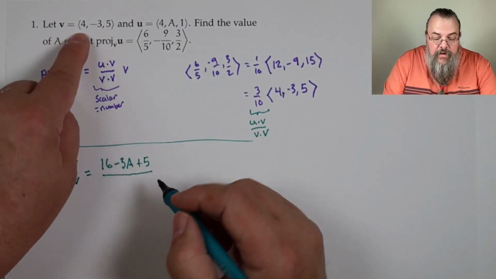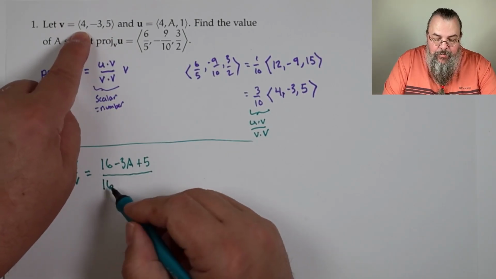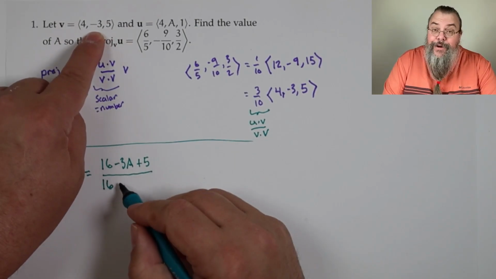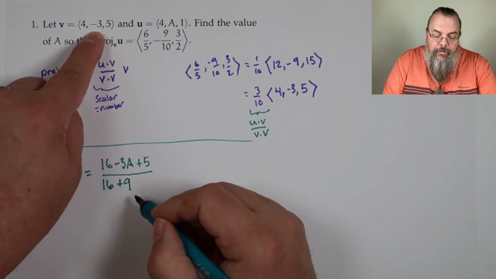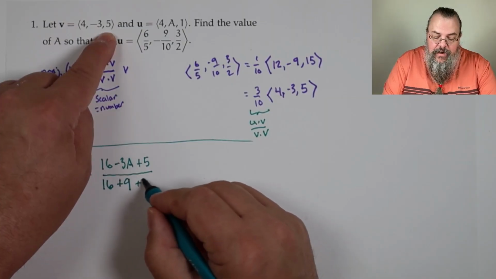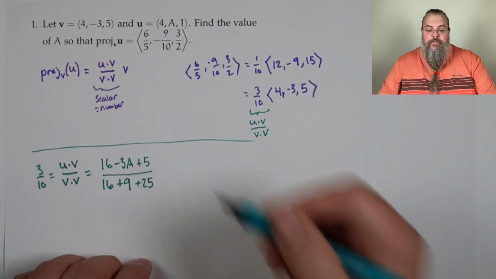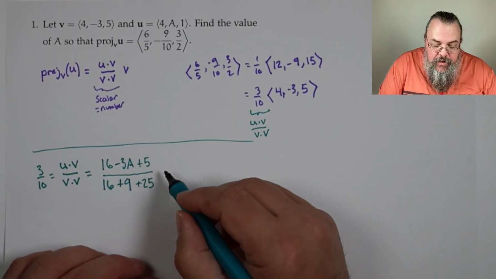Okay, so V dot V. So 4 times 4, 16. Minus 3 times minus 3, plus 9, right? The negative goes away when you multiply it by itself. 5 times 5, 25. All right. And we're almost done. Let's just clean this up.